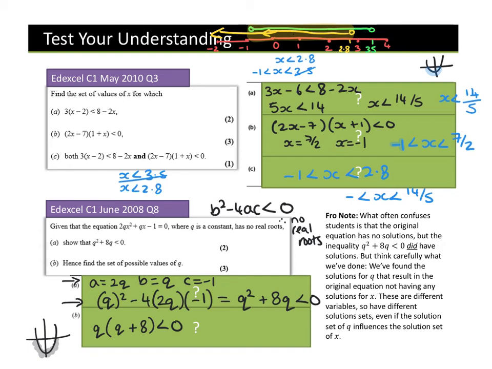So that means that q either equals 0 or q equals minus 8. So that means my graph's completely wrong, because it should look like this. Okay, so it's going to be 0 is less than x is less than minus 8.